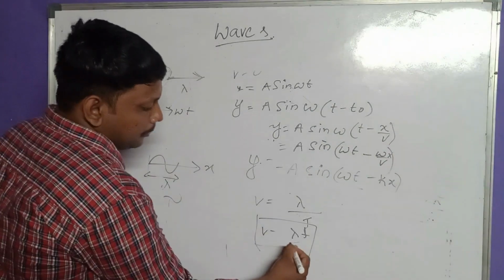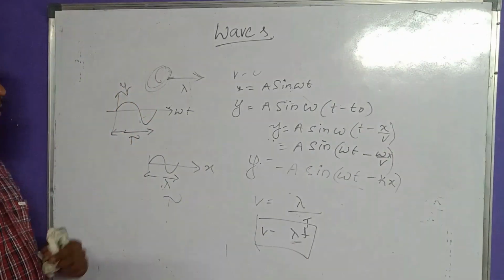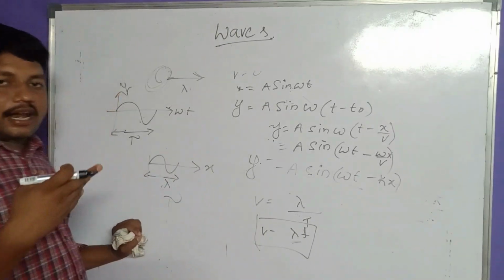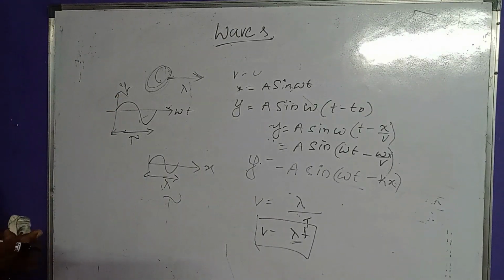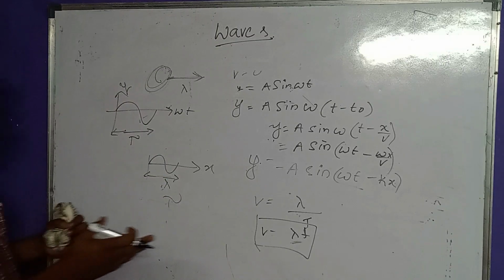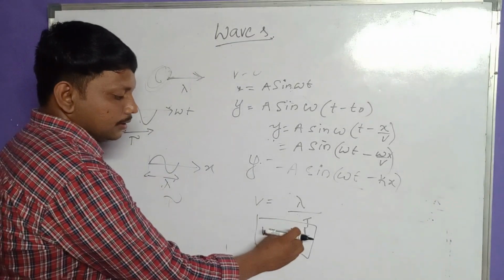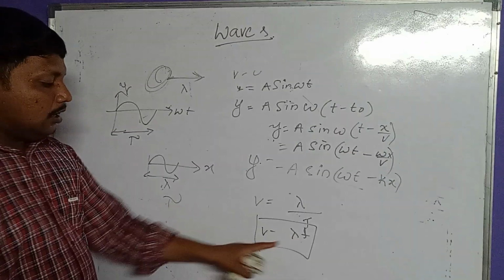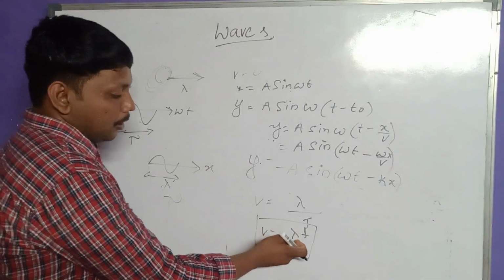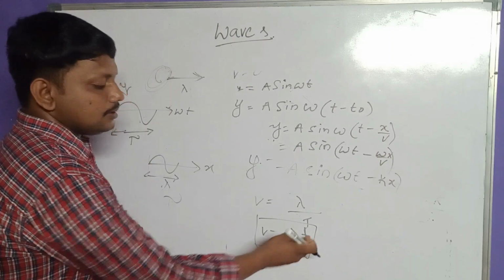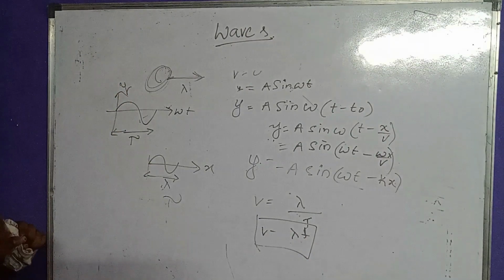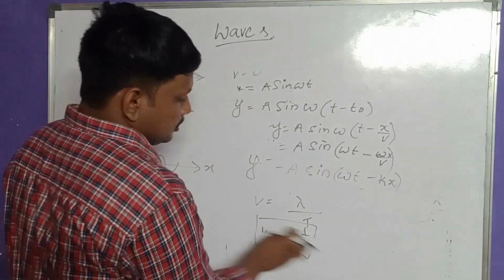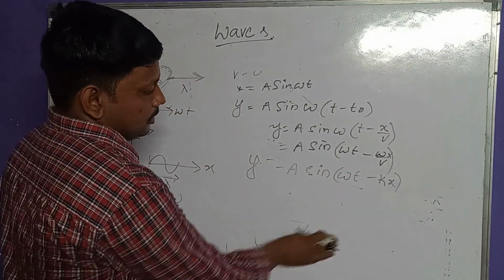This lambda depends upon the medium. If the wave is traveling in air, lambda depends on the properties of air, but frequency depends on the creator of that sound. This is the wave equation.